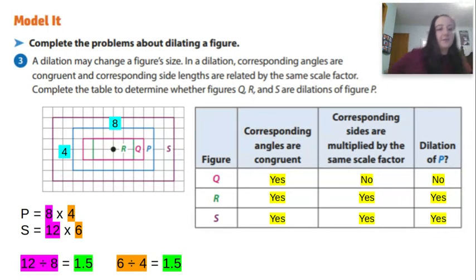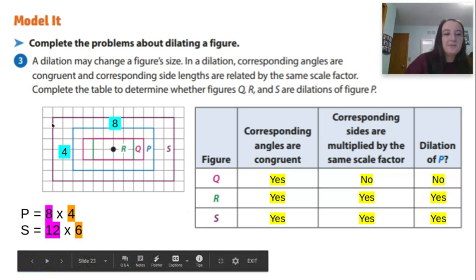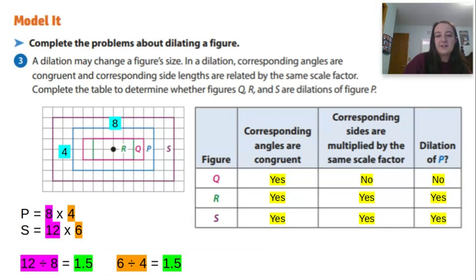Our corresponding angles are congruent because, again, they're all 90-degree angles. Our corresponding sides are multiplied by the same scale factor of 1.5, which means that it is, in fact, a dilation of P.